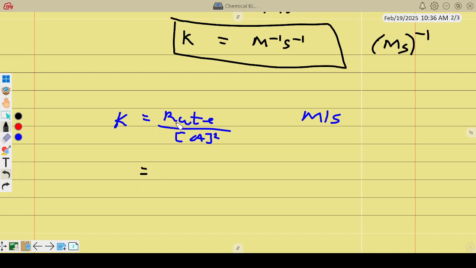So units for rate, we're saying it's mole per liter per second.